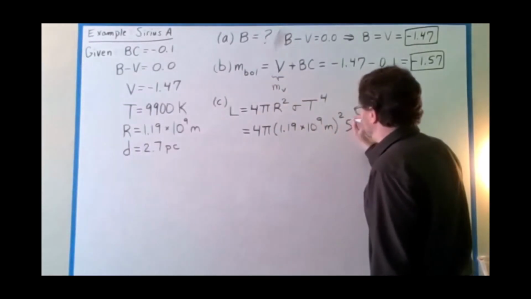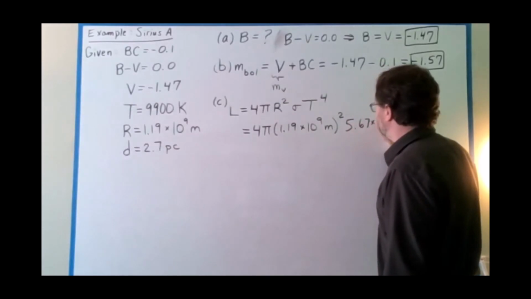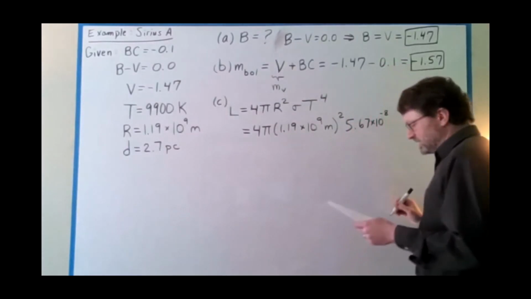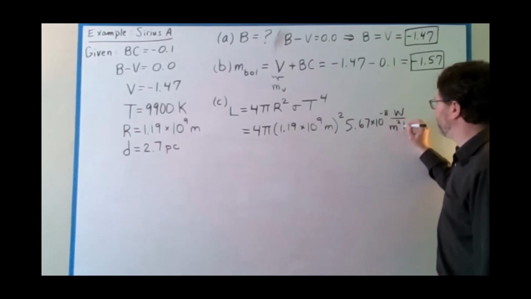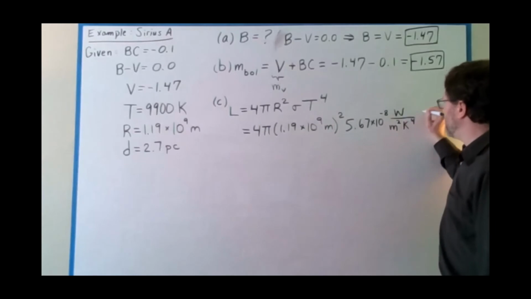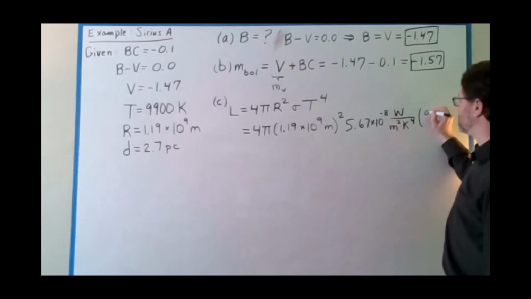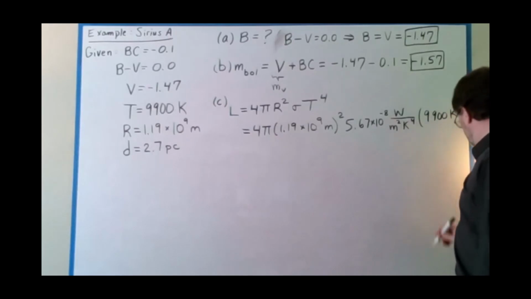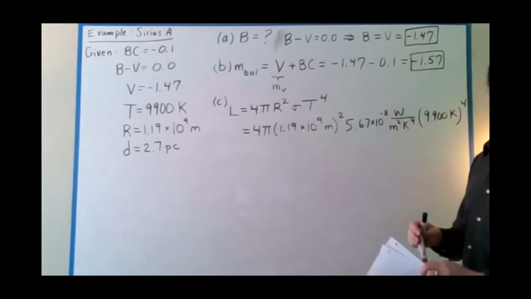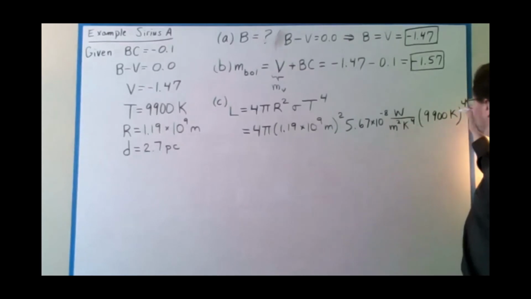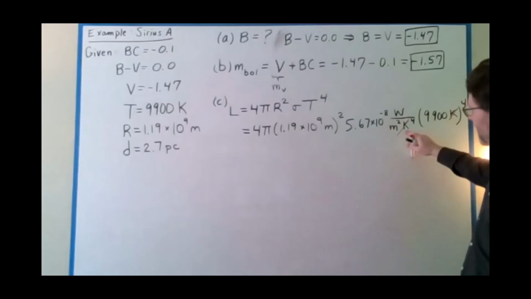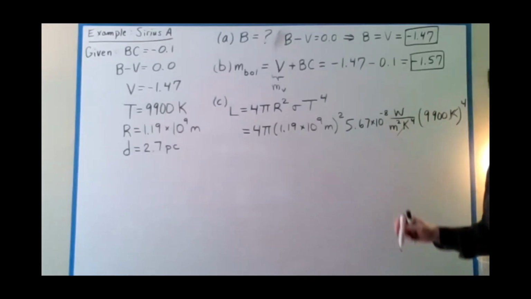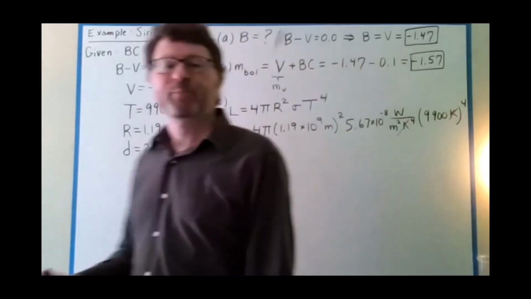Stefan-Boltzmann's constant is 5.67 times 10 to the minus 8, in watts per meter squared per Kelvin to the 4th. And then that gets multiplied by the temperature, 9,900 Kelvin, to the 4th. If we look at this with the units, we see this K to the 4th and this K to the 4th make a ratio of 1.